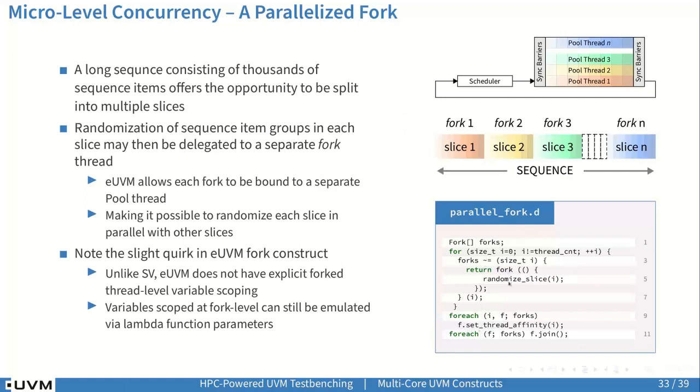If you look at the code here, we are forking out multiple tasks, but this is only creating them. The tasks will not start running unless we join them. So we created them, then we set the thread affinity so that they run on multiple cores, and then finally we join them. Once we join them, they start running on multiple threads.